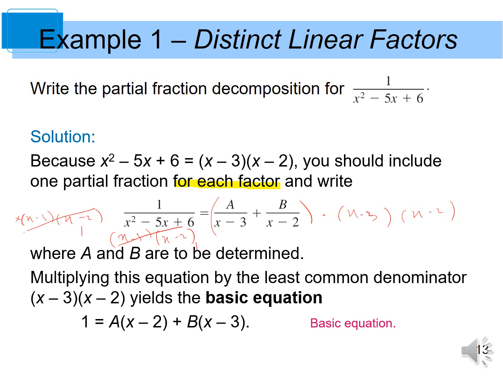Then plus this term multiplied by (x minus 3)(x minus 2), the x minus 2 can be cancelled, so b times x minus 3. This equation we call the basic equation.